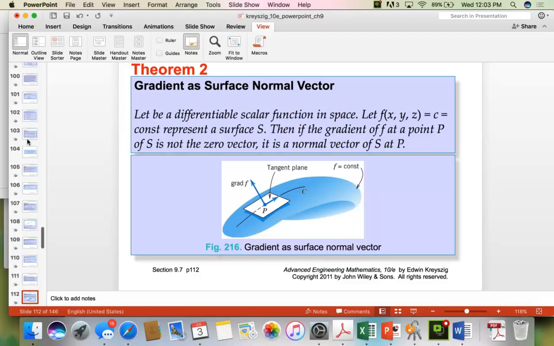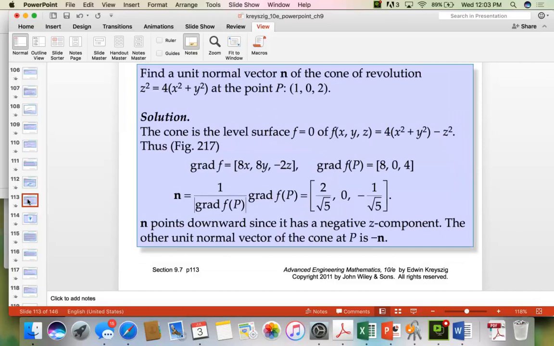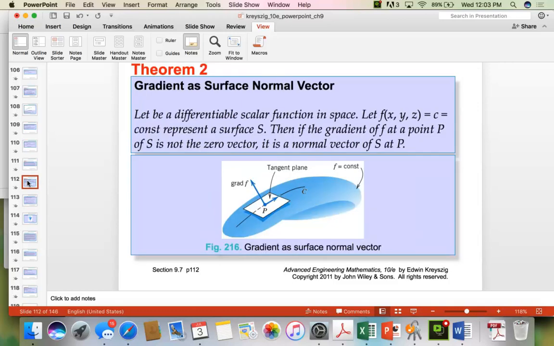So the gradient can be useful in space to give us directions of things. Particularly, the best example I can think of in electrical engineering is to find the gradient of electric potential so that we can determine the electric field.